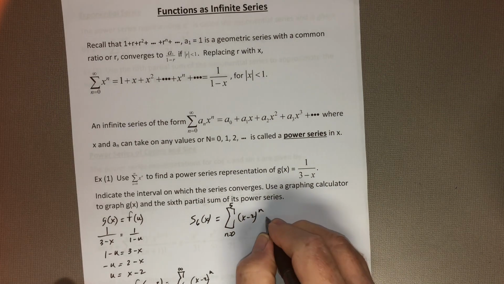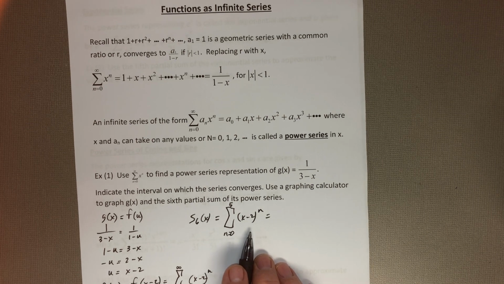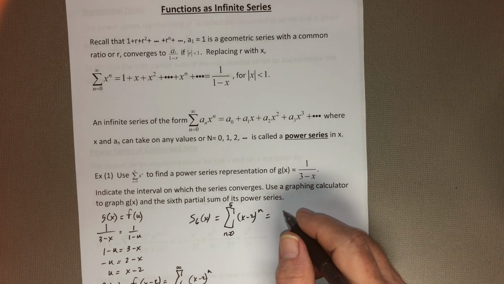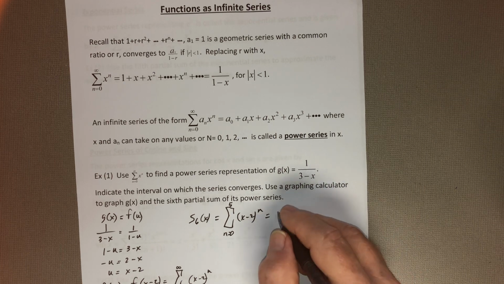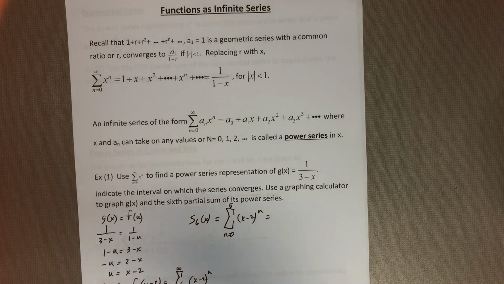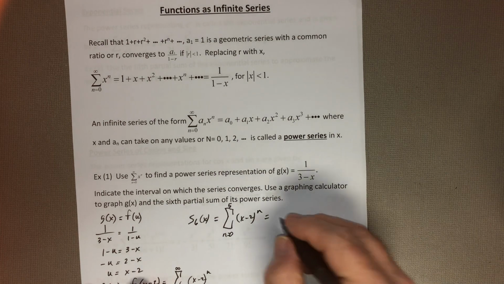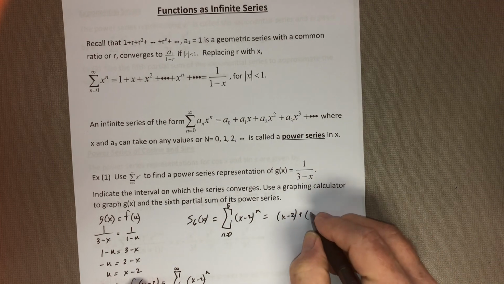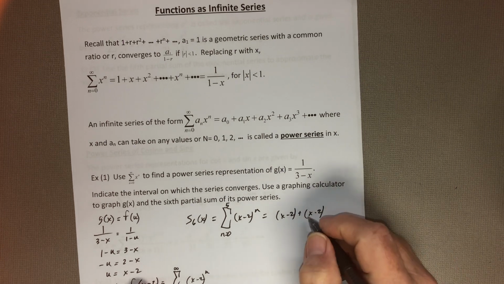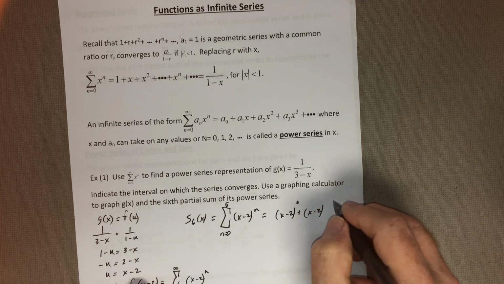Now, if we put in a 0, that'd be x minus 2 to the 0, which would be 1. Then if we input a 1, we get x minus 2.